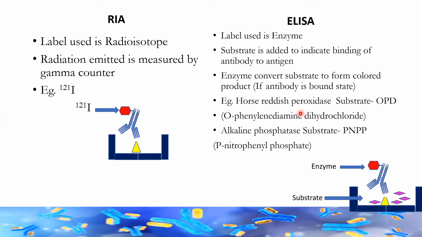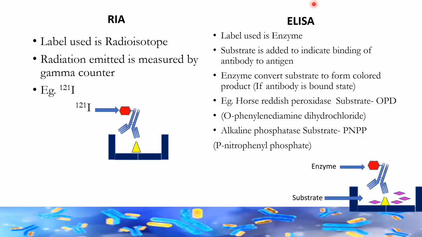This enzyme converts substrates to form a colored product. An example is horseradish peroxidase. You can also have alkaline phosphatase as an enzyme. The substrate for horseradish peroxidase is OPD, that is O-phenylenediamine dihydrochloride, and for alkaline phosphatase, the substrate can be p-nitrophenyl phosphate.